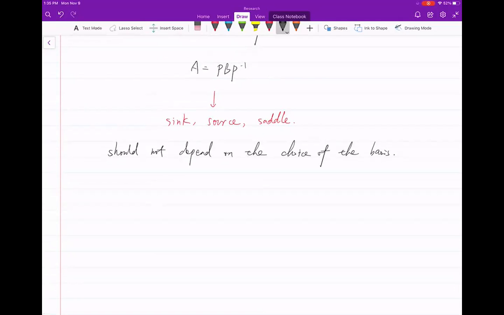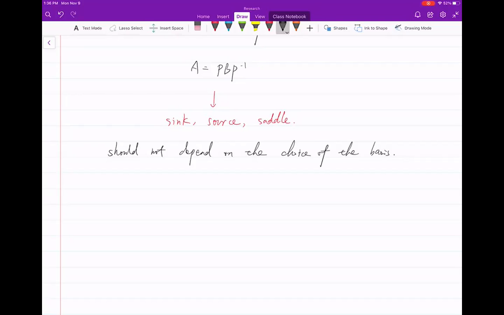You do it in coordinate system 1, you got these two numbers, T and D. You do it in coordinate system 2, you got a different matrix, but you should still have the same T and D because your behavior depends on T and D. So T and D cannot change no matter which coordinate system you choose. Does that make sense here?